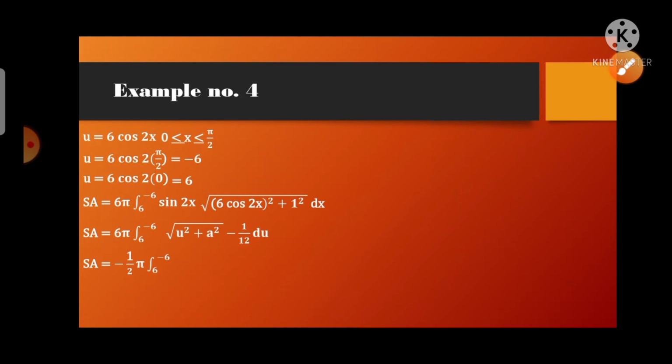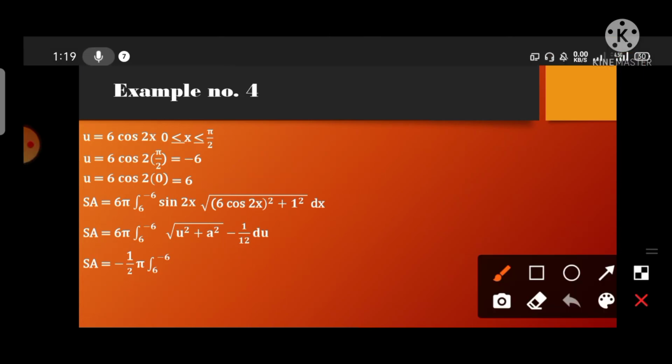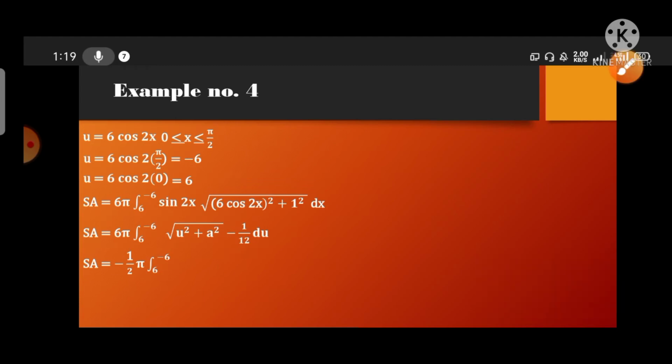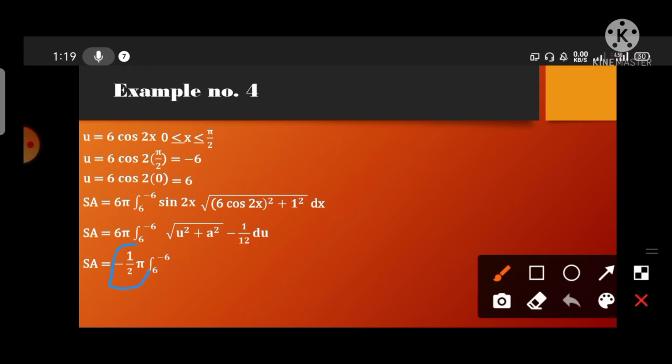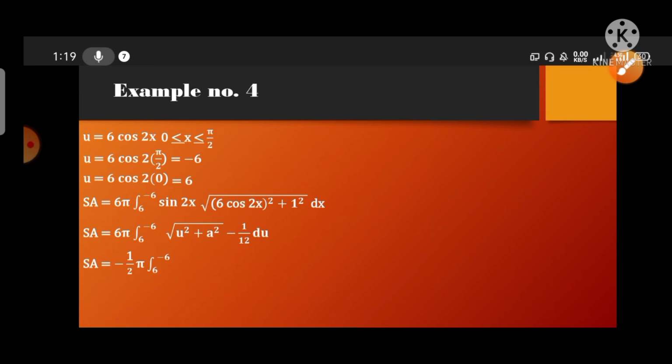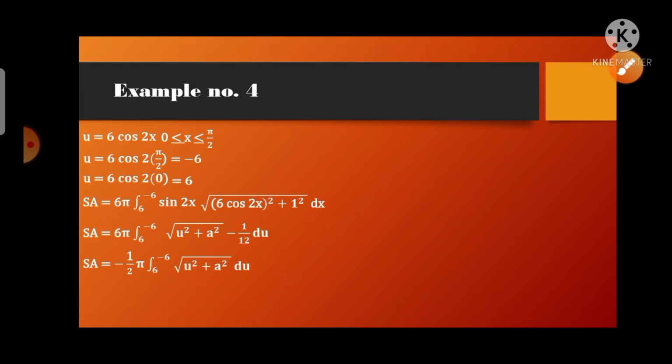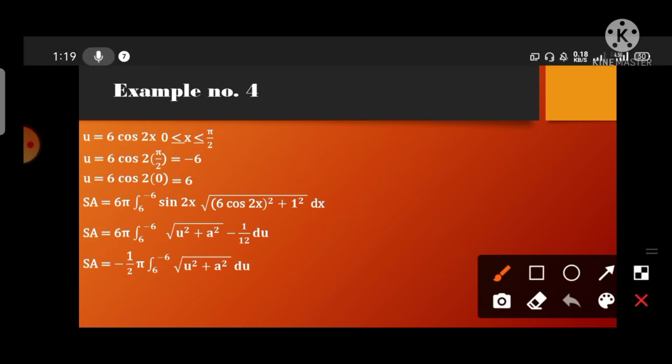Then multiply negative 1 over 12 to 6 pi, we get negative 1 half pi integration from 6 to negative 6 of the square root of u squared plus a squared du.